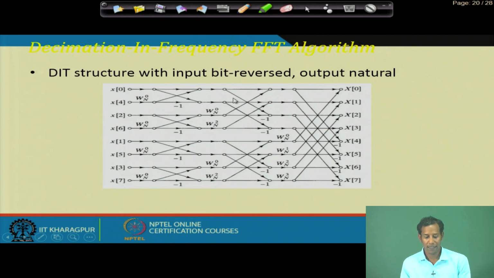So, in decimation in time, this DIT structure, with the input in bit reverse, the output will be natural.